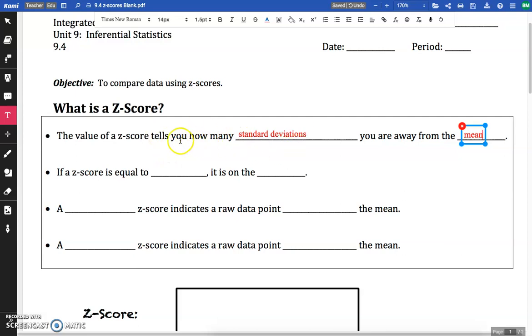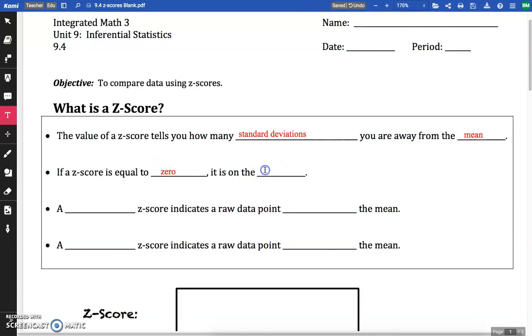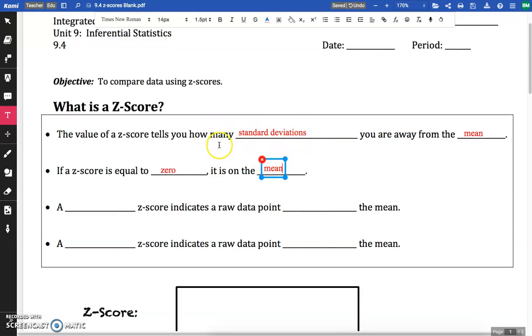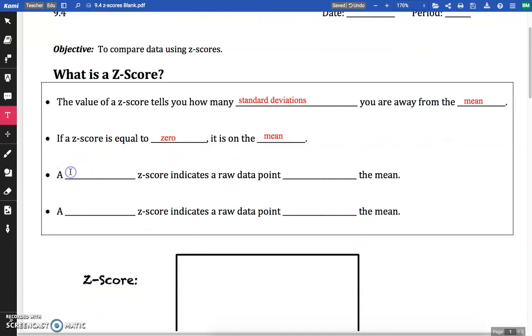So based on this definition, if we calculate a z-score and we find that it's equal to 0, that means that it is on the mean. Right? If the z-score is 0, then it's exactly the same as whatever the mean is because we're 0 standard deviations away. A couple other pieces here.